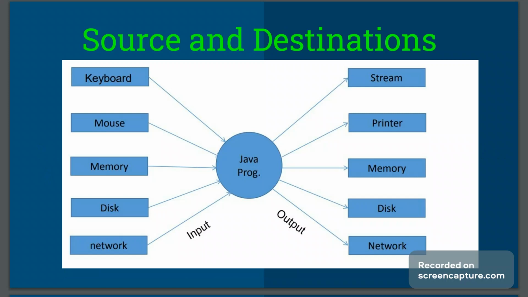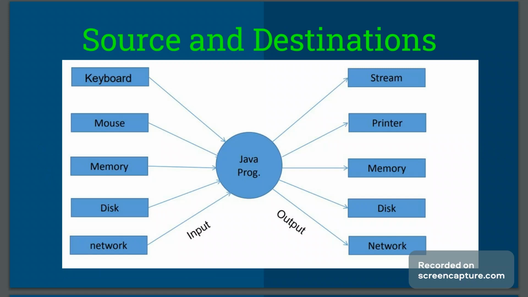The source can be a keyboard, mouse, memory, disk, or anything from a network. From these sources, we can take input to our Java program, process this input in our Java program, and put out this data as output to destinations.